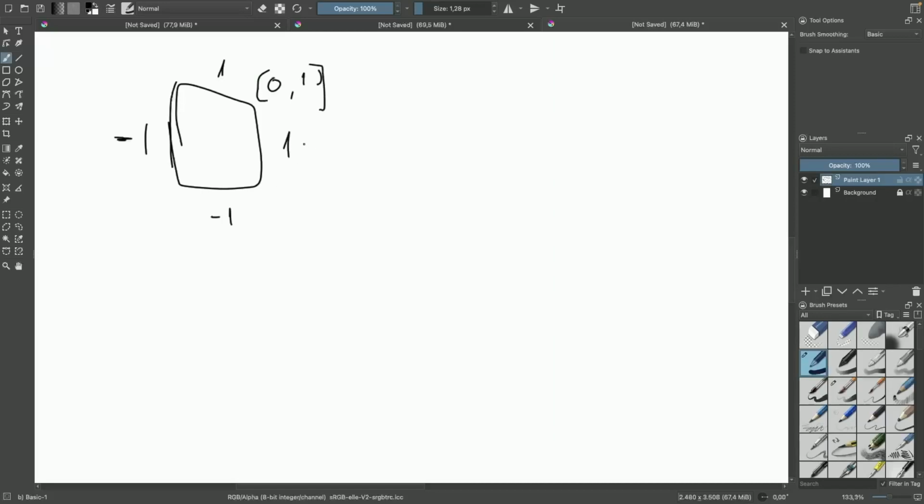Let's say we want our world to scale to -10 and 10 instead. So we're going to use these units, -10 and 10, but we still need to map that to -1 to 1 space. So how do we do that? Let's say here is -10 and here is 10. How can we map it to this space of -1 to 1?